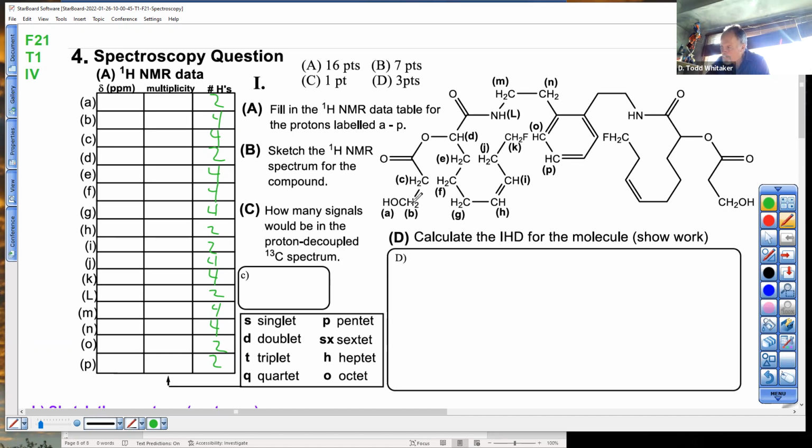H is not a neighbor to B, and B is not a neighbor to A. Oxygen doesn't let these H's talk to each other to create patterns. So that's a fact you might not know, and you just learned it. So A is, for an alcohol, is always a singlet. And if you look at the table, it should say broad singlet. If it doesn't, I'm telling you, and you need to know it, alcohols have broad singlets. A, singlet.